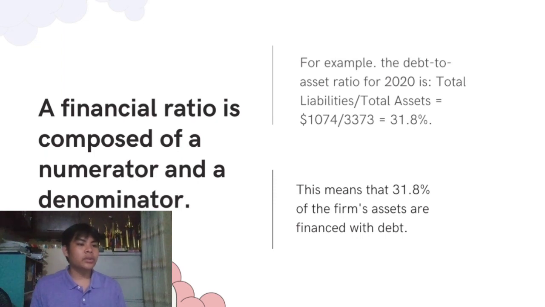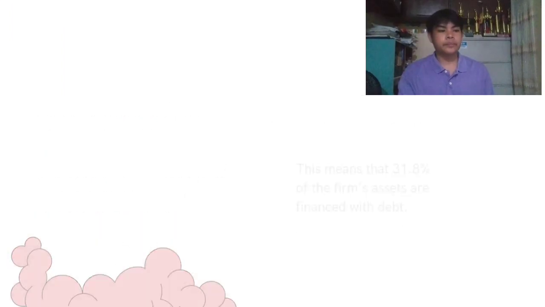This means that 31.8% of the firm's assets are financed with debt. Asset turnover is the most important ratio because it tells us the efficiency of an invested asset to create revenue.